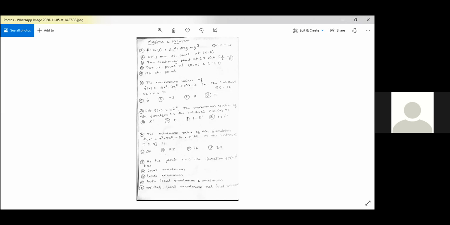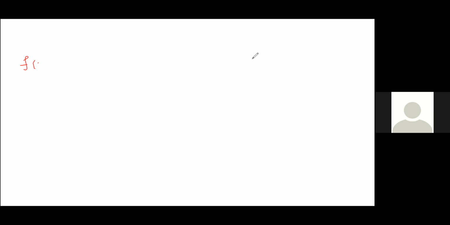What's the derivative of f of x? f of x equals x e raised to minus x, right?